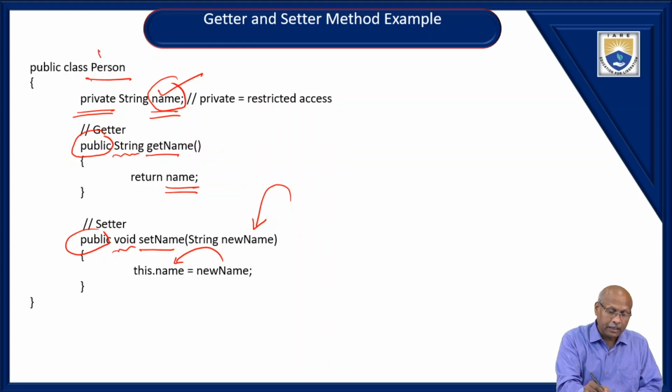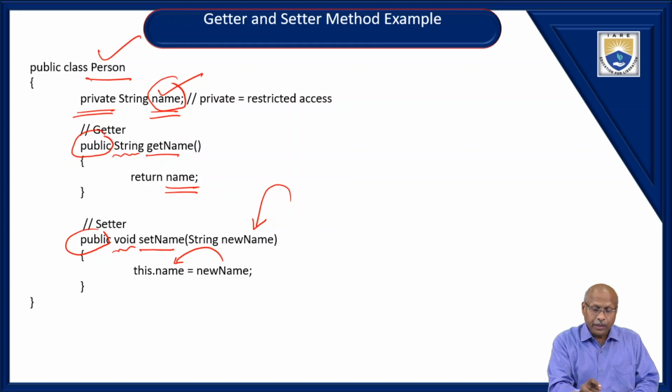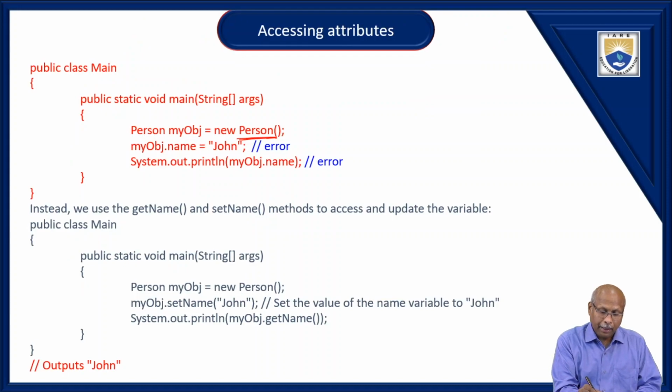This Person class has the attribute name, but in the private part. So I have created an object of Person, then I am trying to assign the name as Johan. But this name is a private variable, and if I access it through the object, then it gives an error.